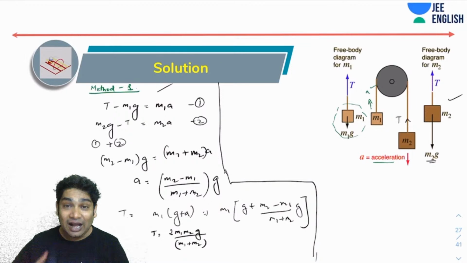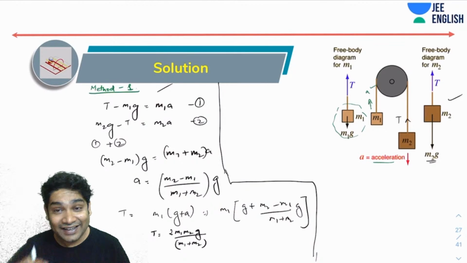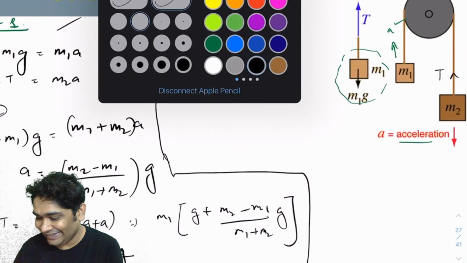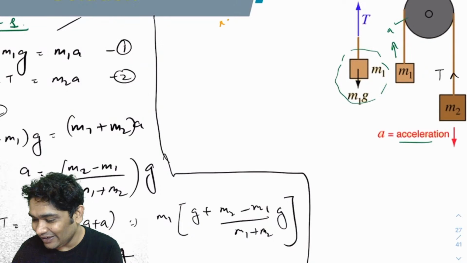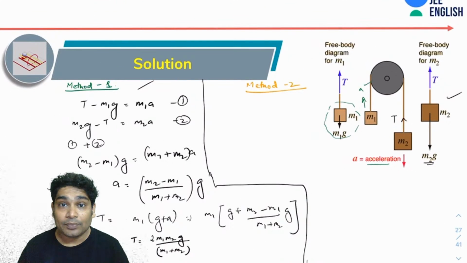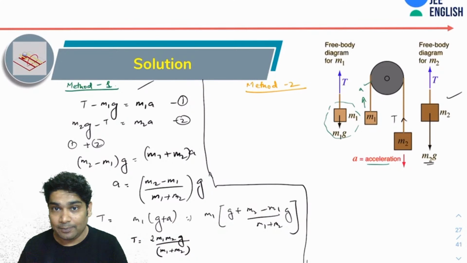All right. So now let's take a look at method number two. How do you solve this in a shorter way? So now let's talk about method number two. In method number two, I know that along this string, both the masses have the same acceleration, right?